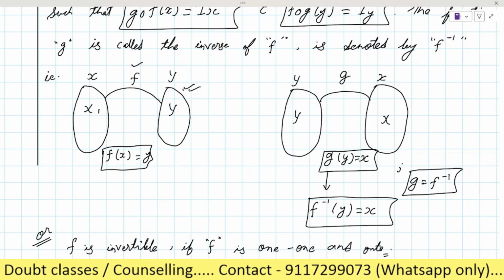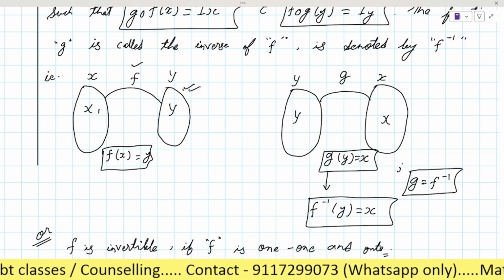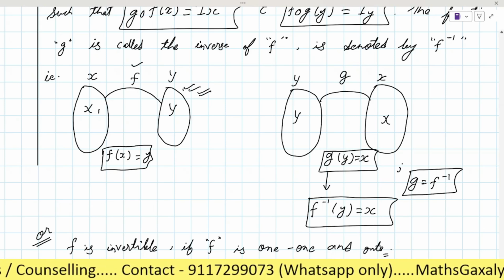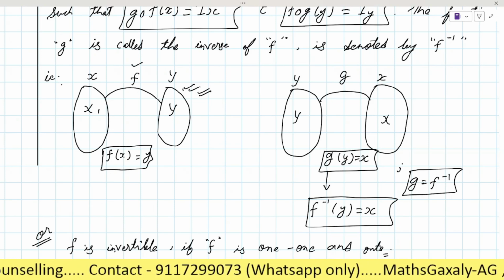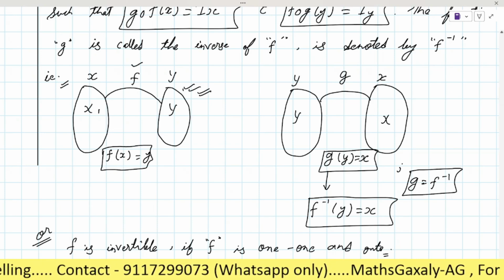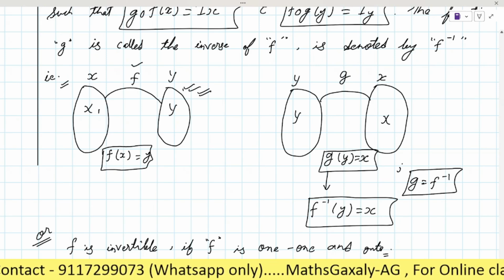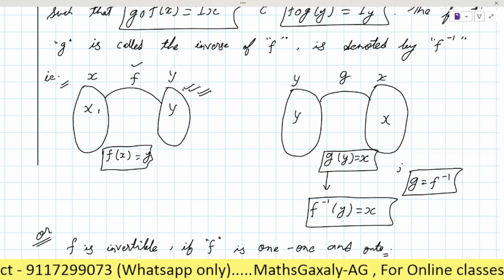And when all the elements of Y have a pre-image in set X, then we can say that it is an onto function.